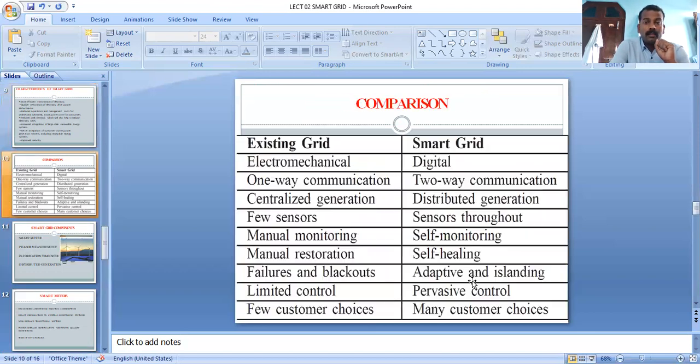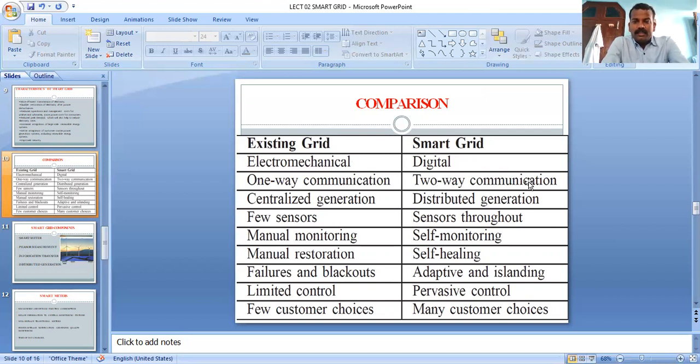Right now, a comparison between the existing grid and the smart grid. The existing grid was electromechanical, which means there is no sensor, and the smart grid is totally digital. One-way communication: as I told in the previous slide, only one-way communication is possible in the existing grid, while in the smart grid there is two-way communication.